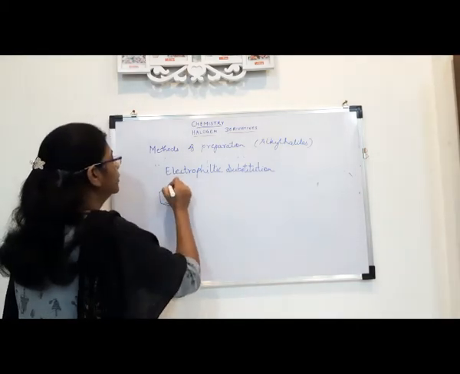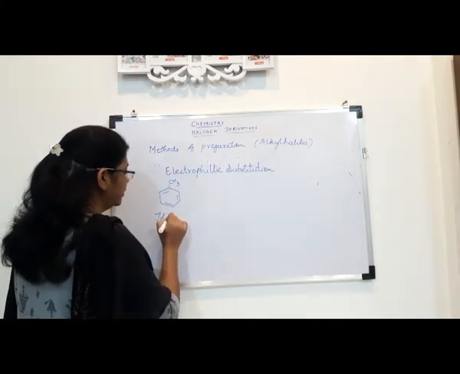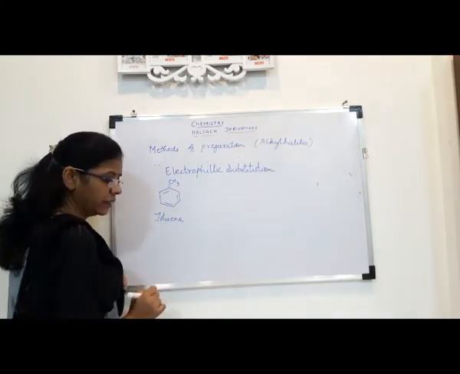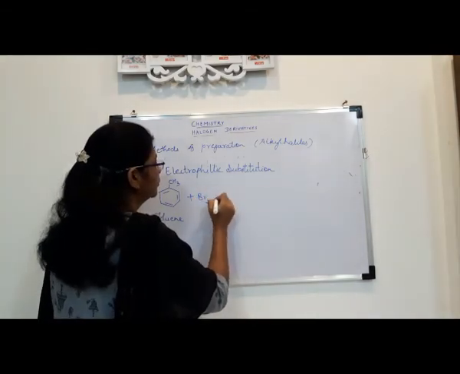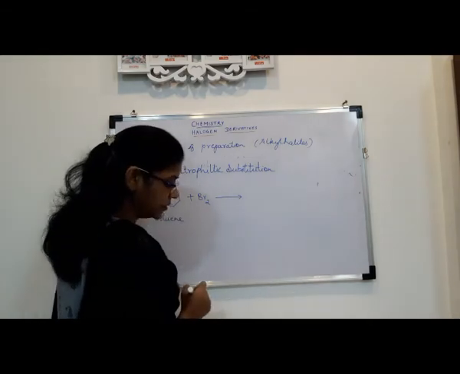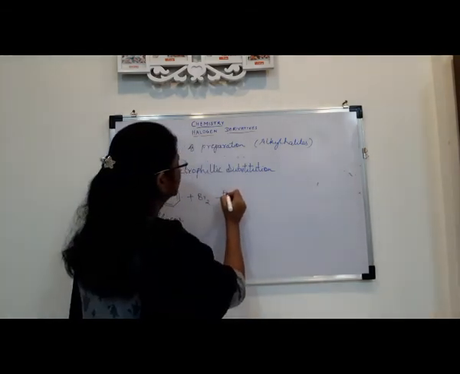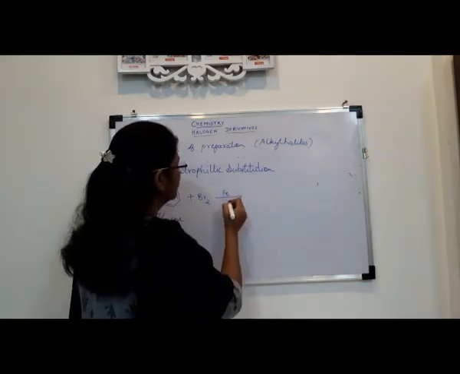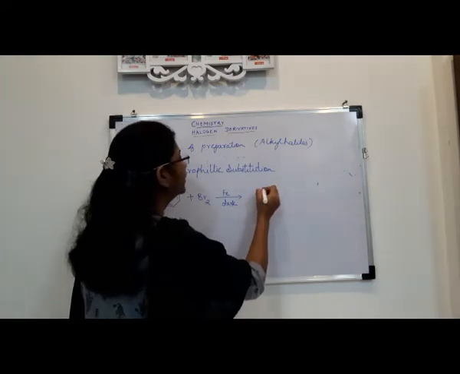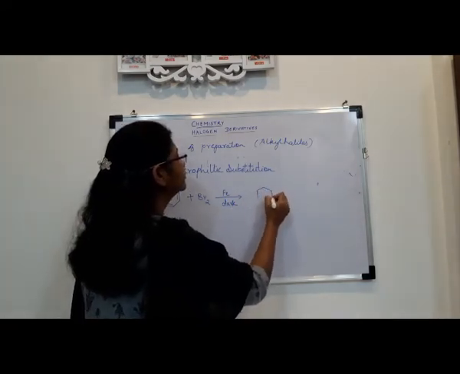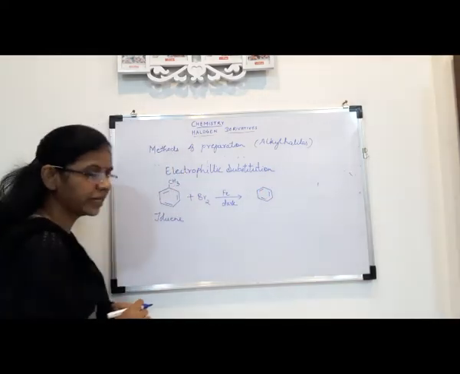Benzene with CH3 attached, so this is toluene, correct, plus Br2 in presence of the Lewis acid, that is Fe, and in dark, what are you going to get?